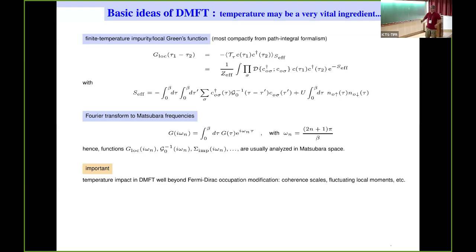Again, this goes a bit very into technicalities, which is not so important to understand the basic principles. And you have to weigh it with your effective action, which is described by your Weiss mean field, obviously, and the local interacting part. And it's all dependent on time, whereas the integration is from 0 to beta.